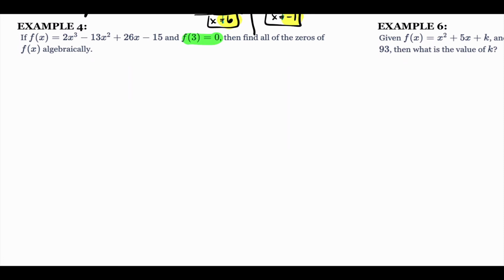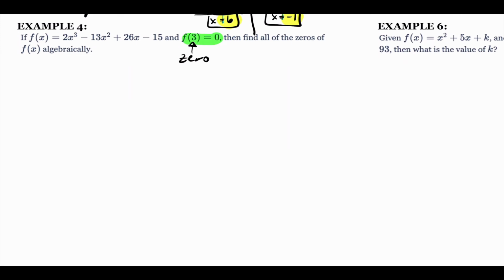X, right? So what this is saying is when X is 3, you're going to get what as an answer? That's a 0. That's what a 0 means. When I plug in a number and I get 0, that's the definition of a 0. So what they're saying is this guy right here is a 0. Whatever number that is, that's a 0 because it equals 0.